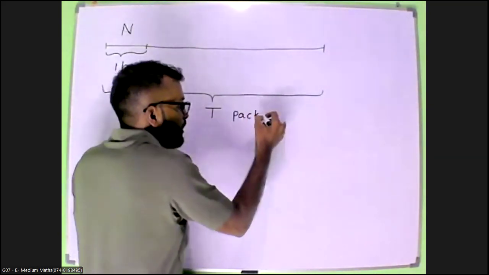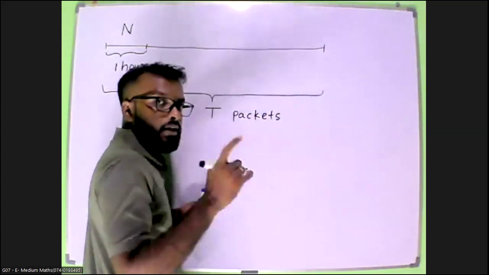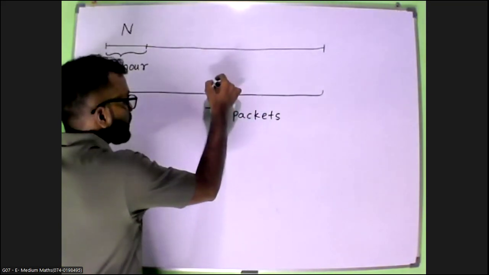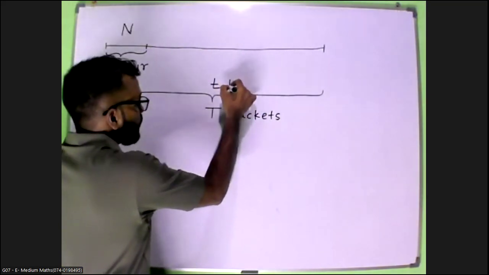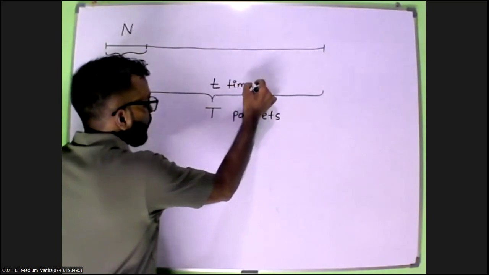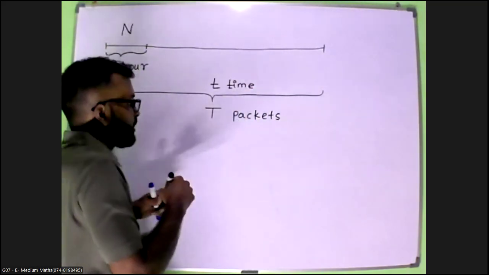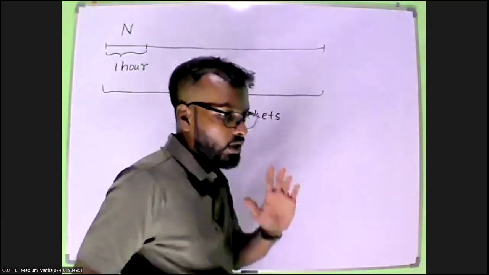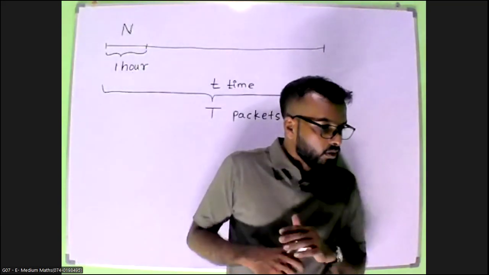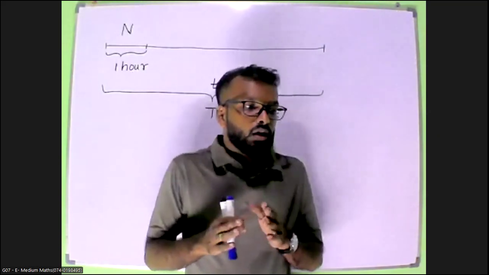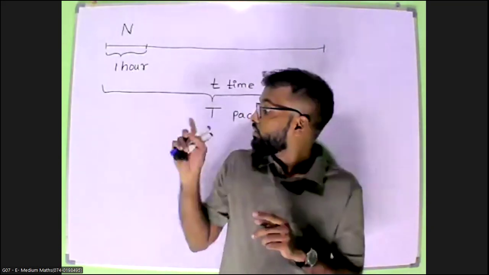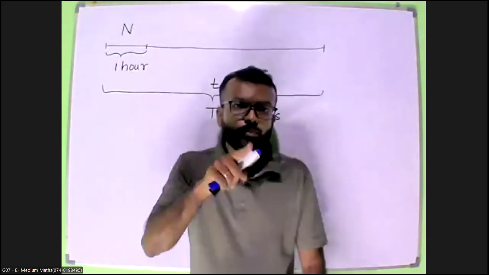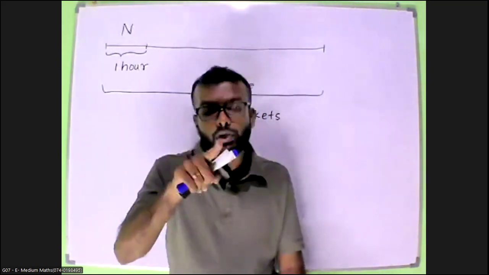And what is the time taken? Simple t. So capital T packets in t time. Total time is t. Construct a formula for capital T, the total number of packets, in terms of small n, capital N, and small t.